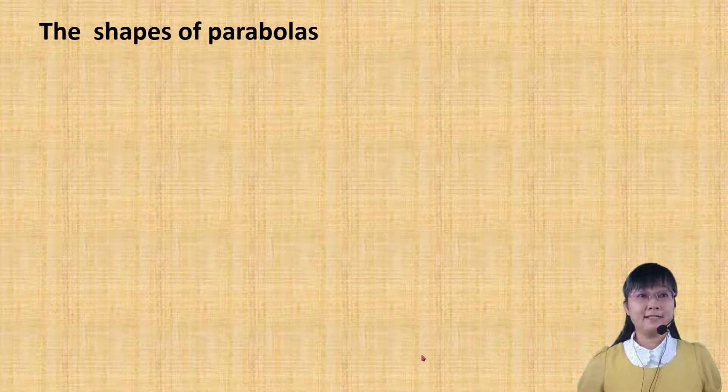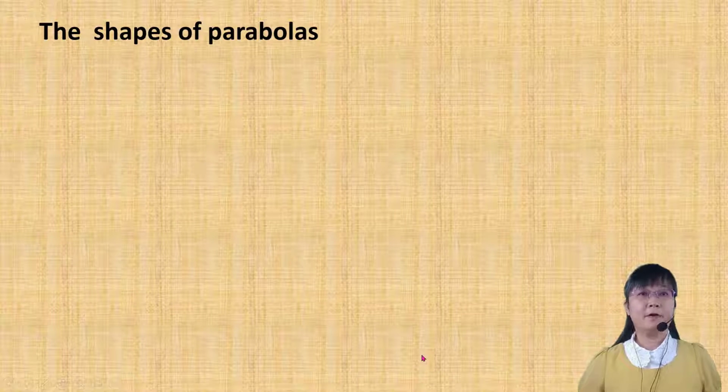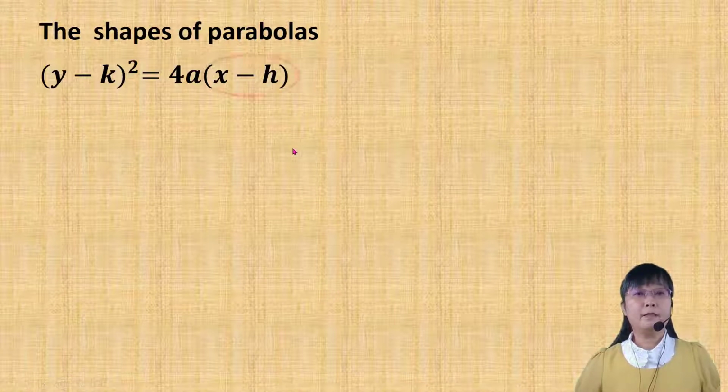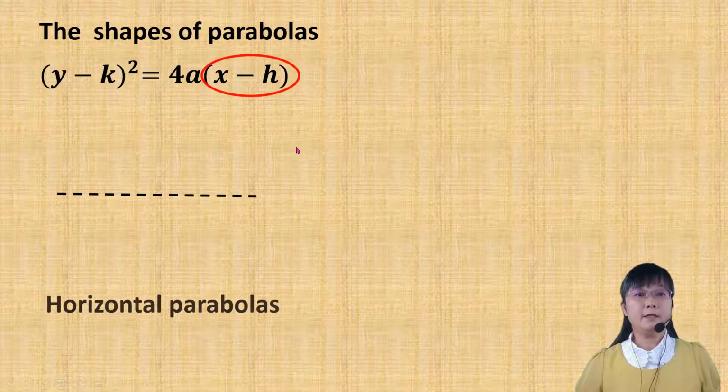Now, let's proceed to the shapes of parabolas. To determine the shape of the parabola, we look at the linear term. If the linear term is x, then the axis of the parabola is parallel with the x-axis. That is, the parabola is a horizontal parabola.